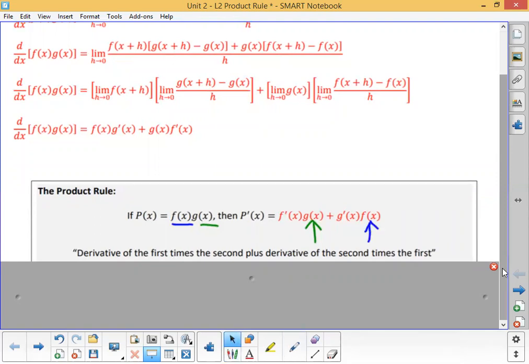So derivative of the first times the second function plus the derivative of the second times the first function.